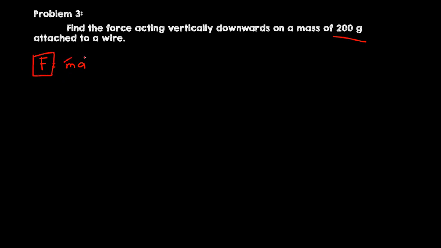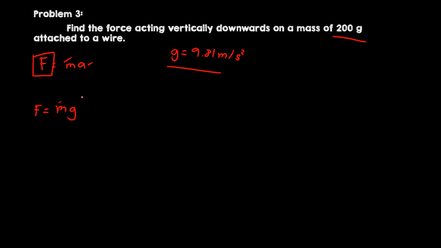Now, we have mass. Where is the acceleration? Nasaan yung acceleration natin? Since this is acting vertically downwards, which means that the acceleration acting on the object is the acceleration due to gravity, which is G is equals to 9.81 meter per second squared. This one is the acceleration due to gravity. So F is also equals to mg.